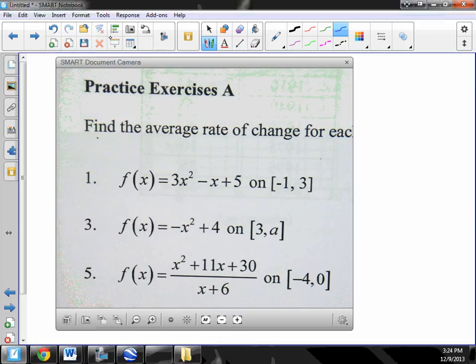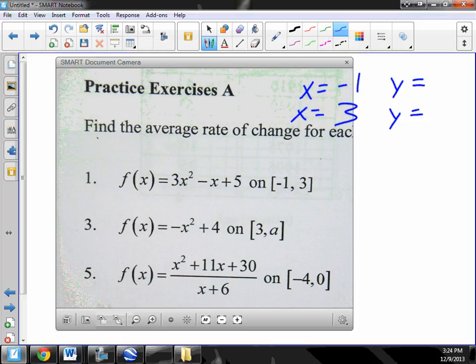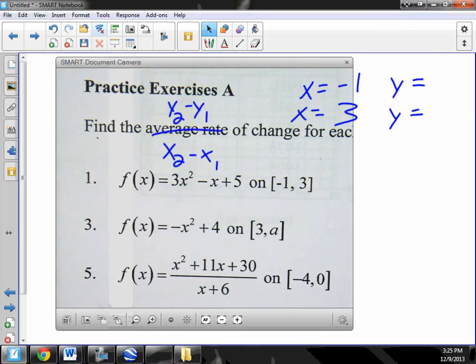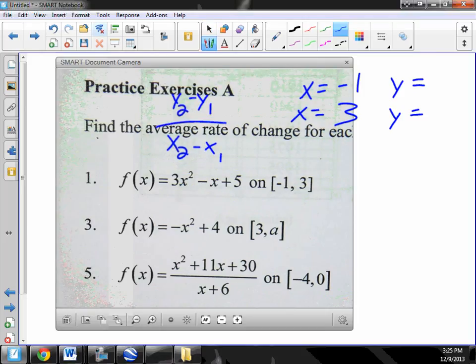So my x's are -1 and 3, and then I just need to find my y values. Once I find the y values, then I do y2 minus y1 over x2 minus x1. Okay? So I need to plug in -1. So I put -1 in there and in there.